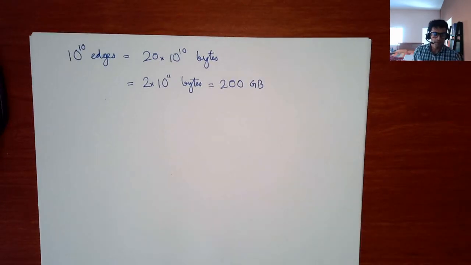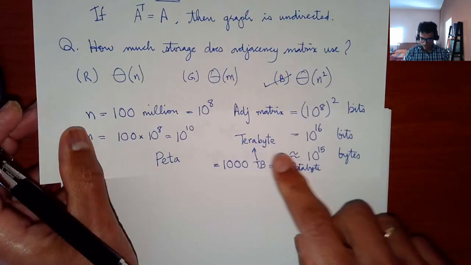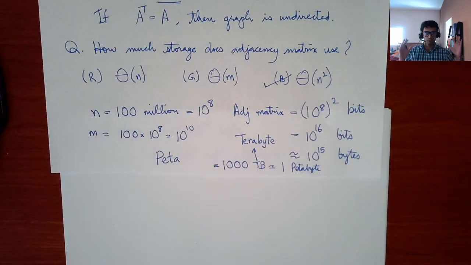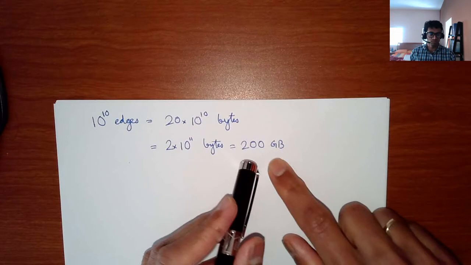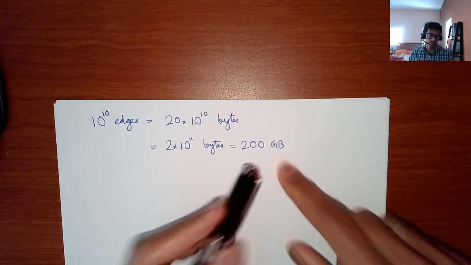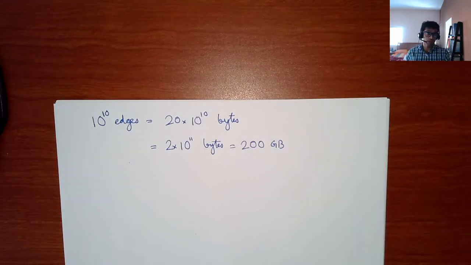Depending on when you got your laptop or your computer, you could probably fit that into your hard disk in one machine. So the difference is needing industrial strength storage, a huge amount of storage for an adjacency matrix, versus something that's actually very manageable even on your own computer. And this is for storing the entire social network of the United States, which is a huge object.